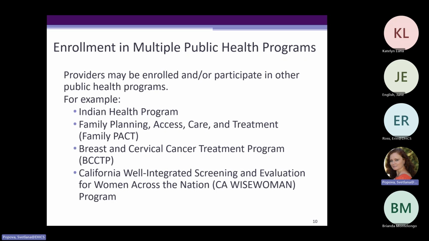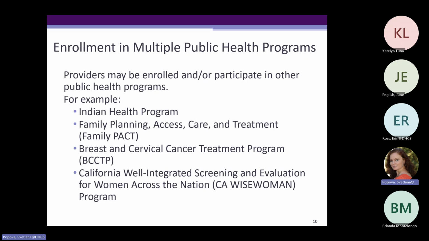Continuing with the presentation. Providers may be enrolled and participate in other public health programs, for example, the Indian Health Program and Family PACT, which is a family planning program that provides contraception and screening for sexually transmitted diseases and also cervical cancer screening services. Of course, these are the providers that can participate in BCCTP, which is the Breast and Cervical Cancer Treatment Program.